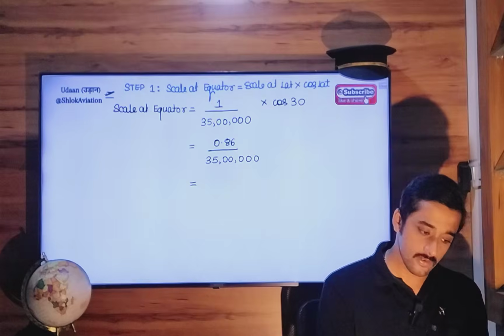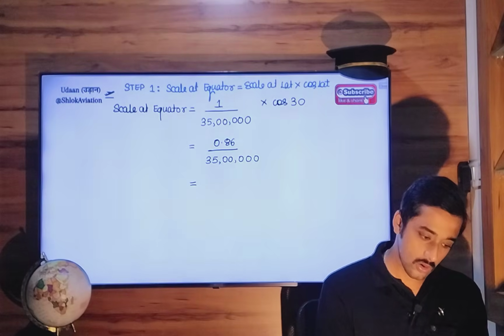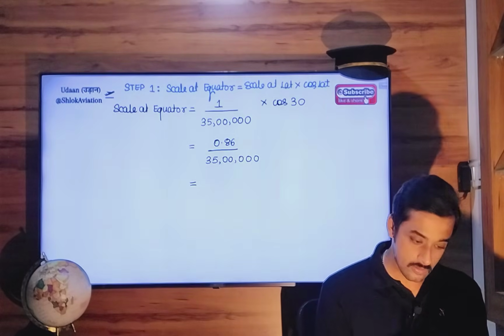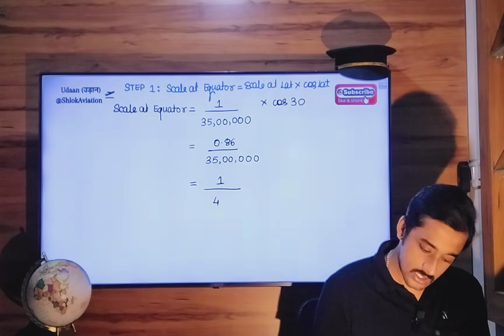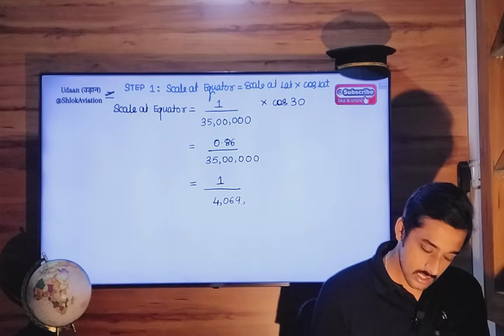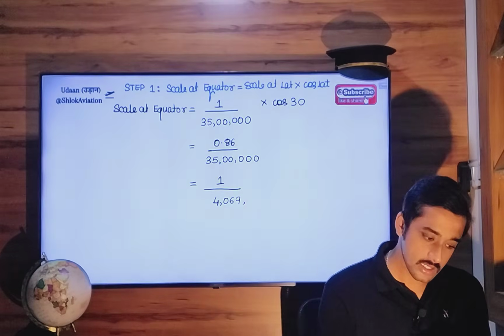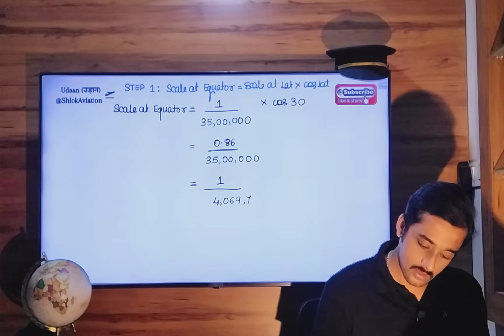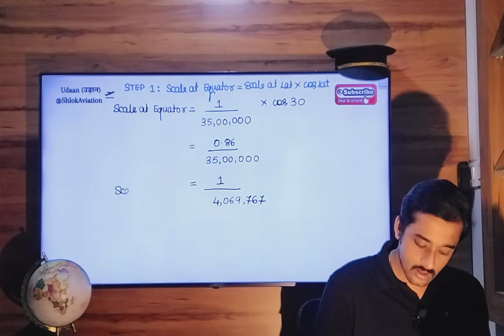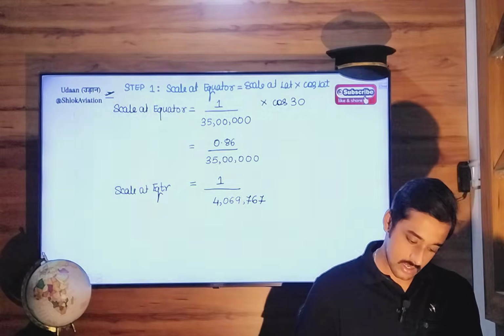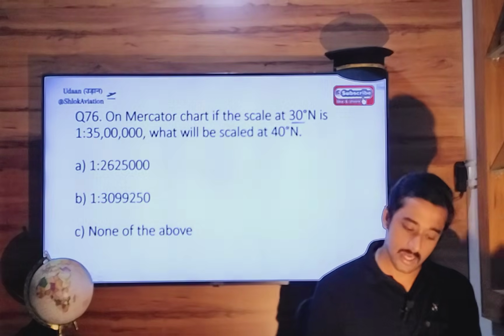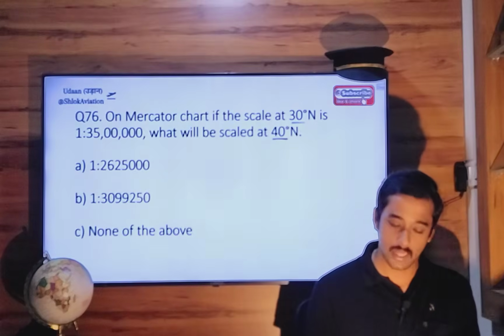So 35 lakh divided by 0.86 is equal to 1 divided by 4069767. This is the scale at equator. Okay. Now we will use this scale at equator in order to find scale at 40° north latitude.